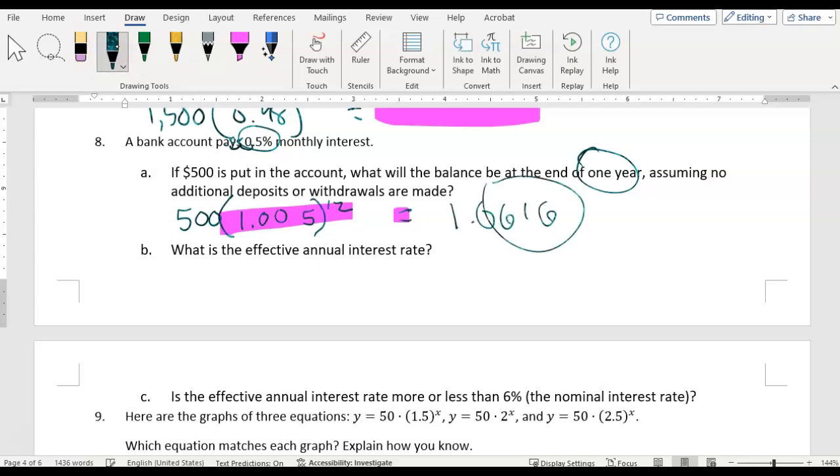This means that my effective interest rate is actually, let me make sure. Yes, 6 point, I'm going to go over 2, so 6.16% is the effective annual interest rate.